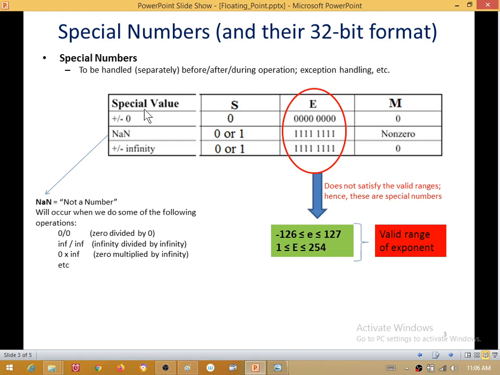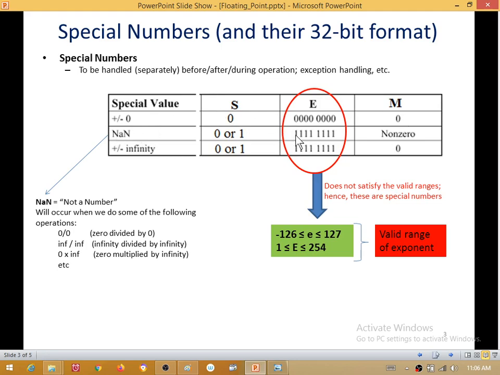Then a 0 in general is represented where the biased exponent is a 0. Again, this is not part of your valid range of E. In addition, it also tells you what should be the value of mantissa in case you are having a 0. So it says 0 will have sign 0, exponent capital E as 0, mantissa is 0.